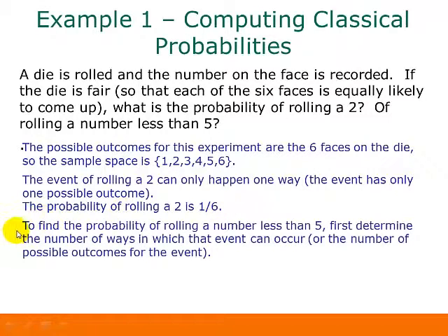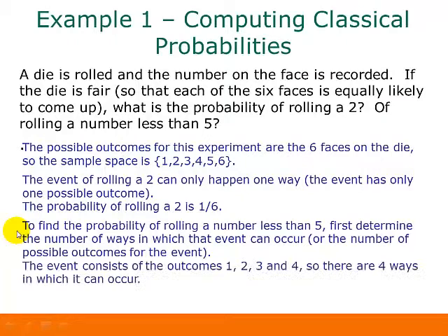Now, to find the probability of rolling a number less than 5, first we have to determine the number of ways in which that event can occur. Or another way to think about it is the number of possible outcomes for that event. So if the number has to be less than 5, that would mean it could be a 1, a 2, a 3, or a 4. That means there are 4 different ways that our event can occur.